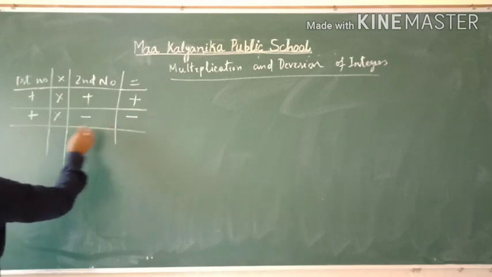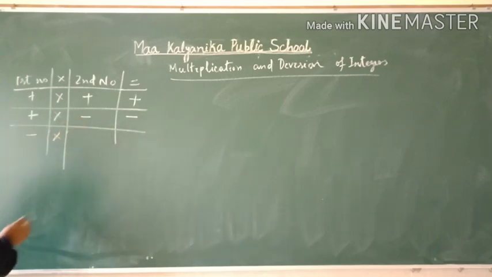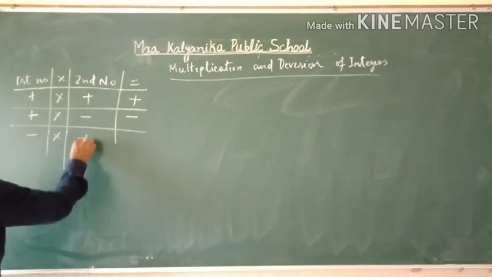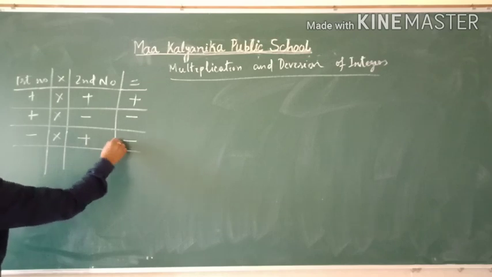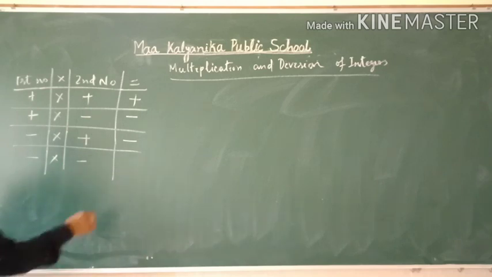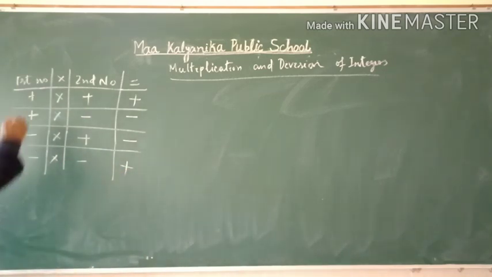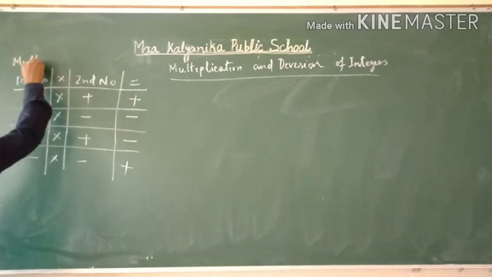Third case: if the first number is minus and the second number is plus, the answer becomes minus. Fourth case: if the first number is minus and the second number is minus, the answer becomes plus. So this rule will be followed for multiplication.